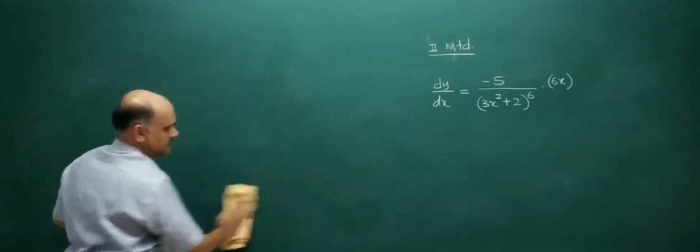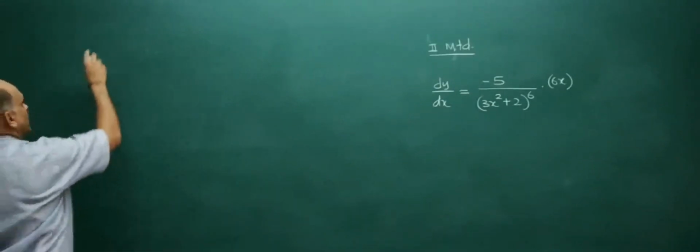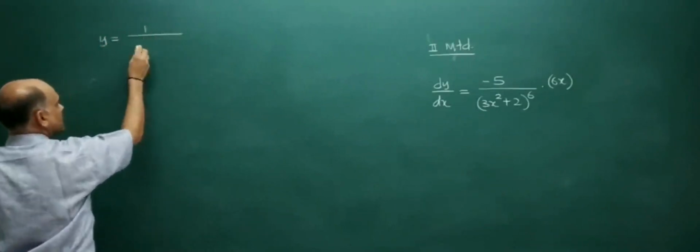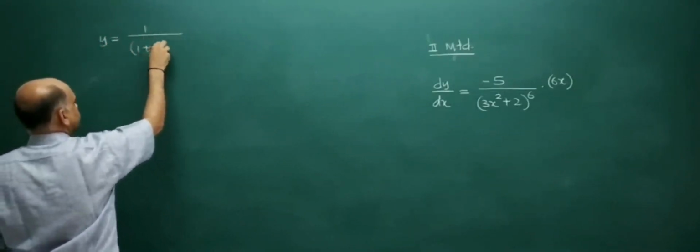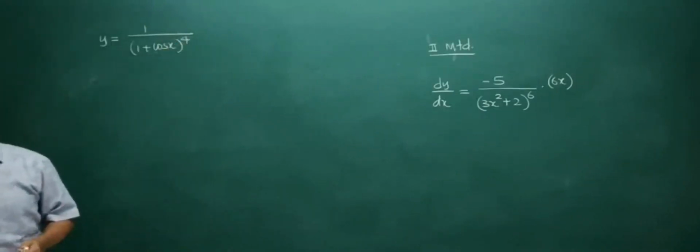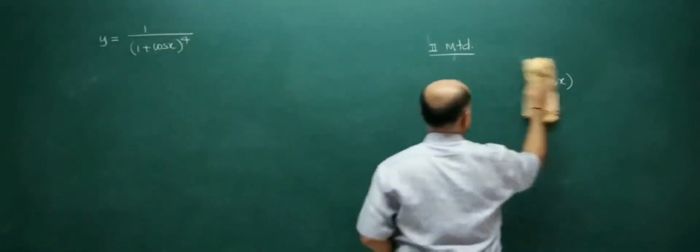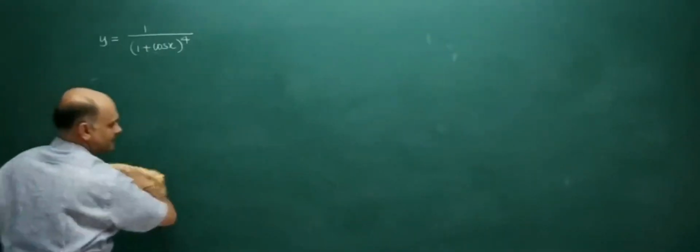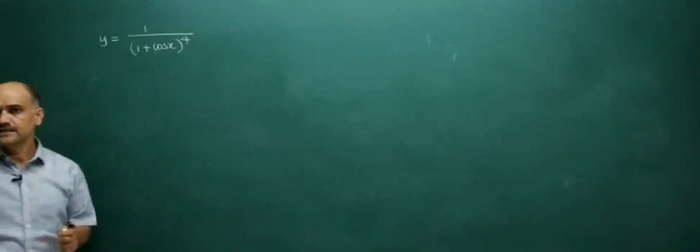So if I take y is equal to 1 by (1 plus cos x) bracket raised to 4. Can you tell me, students? So now apply the formula 1 by x raised to n.